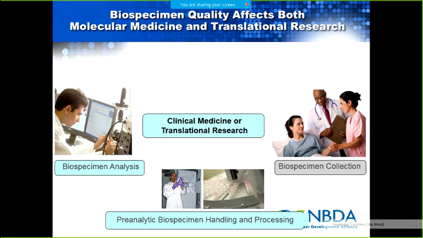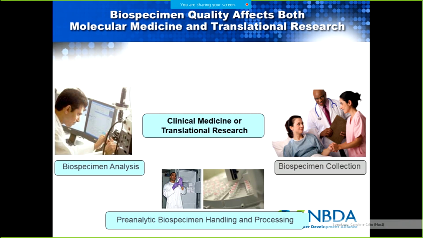From a pathologist's point of view, I was the chair of the pathology committee of the Cancer and Leukemia Group B, and so ran the biobank for a large clinical trial group for 15 years, and ran the Office of Biorepositories and Biospecimen Research at the NCI for 7 years. I know the impact of the quality of biospecimens from patients on research, and how difficult it is to control that quality.